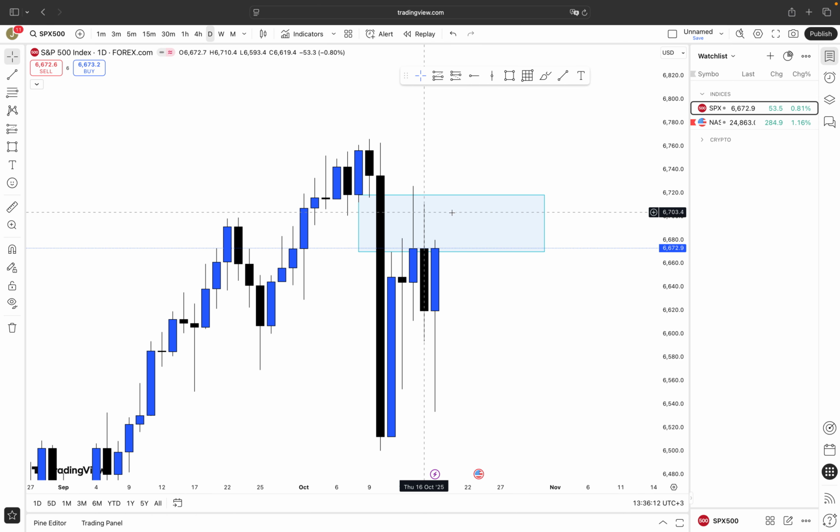And you have to imagine now that because of this huge sell-off, there are still resting orders lying in this space, in this fair value gap, because it didn't trade fairly, because this huge sell-off caused a displacement.